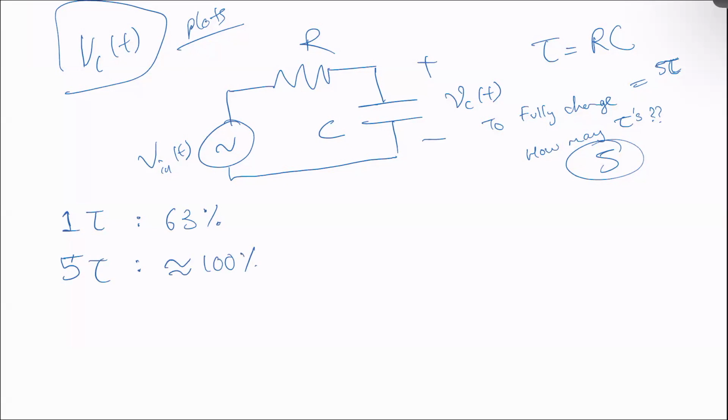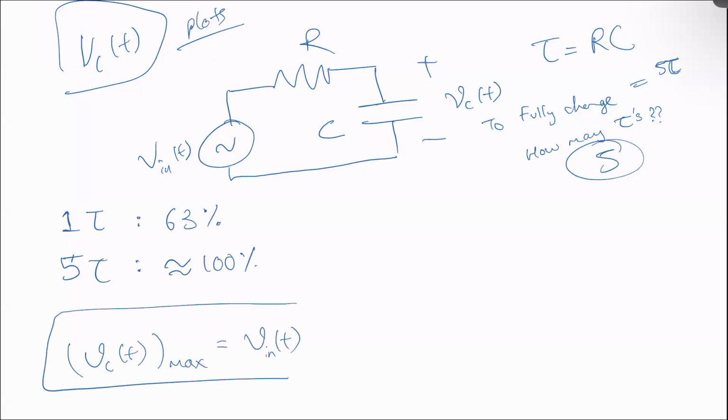In ideal conditions. And the maximum voltage that it can reach is the input voltage, right? And what is our output voltage, or the voltage across the capacitor, given as for this specific circuit?